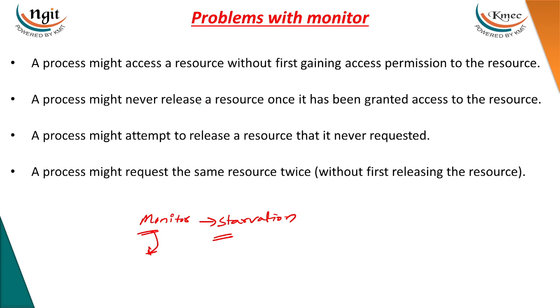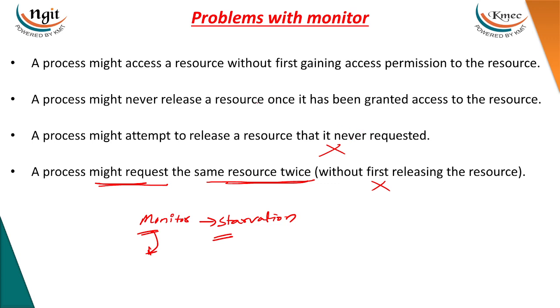Other than starvation, incorrect use of monitors leads to several problems. A process might request the same resource twice without first releasing it. Similarly, a process might attempt to release a resource it never requested.